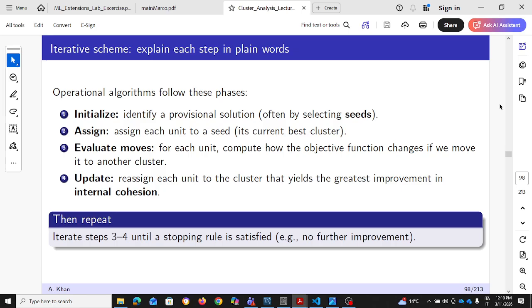Now, if this distance is small, you are close to me, we make a cluster. If this distance is big, you are not close to me, you cannot make a cluster. The smaller this distance, the more homogeneous the cluster. Is it clear? So the objective here is to minimize this distance, which is basically the error.